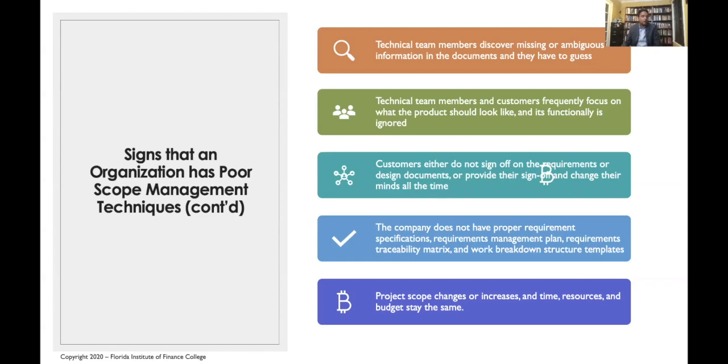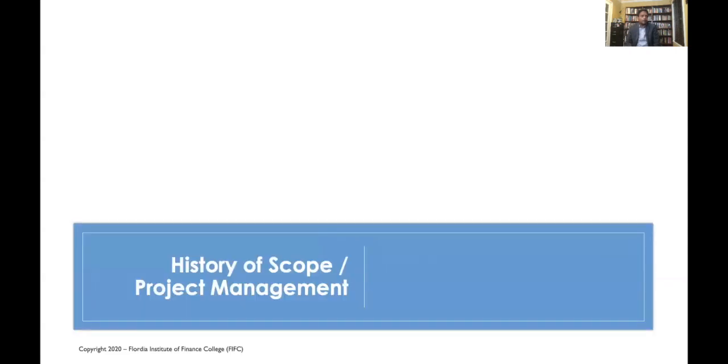Let's now move to the history of scope management, which is the history of project management. One thing we need to be careful about is that projects did not start 100 years ago.